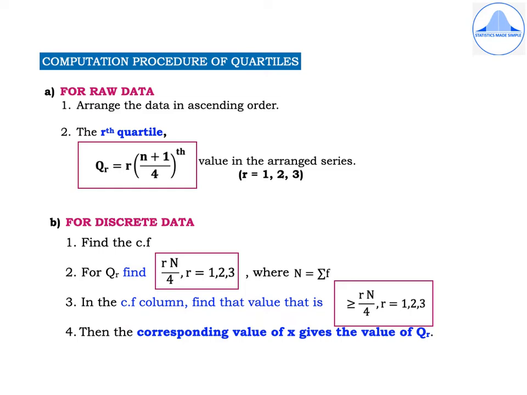So depending upon what is asked in the question, we have to put r as either 1, 2 or 3 to find the required quartiles. And the fourth step is then the corresponding value of X gives the value of Qr. So if you observe the steps, you will understand that these steps are very similar to what we have learned under the median.